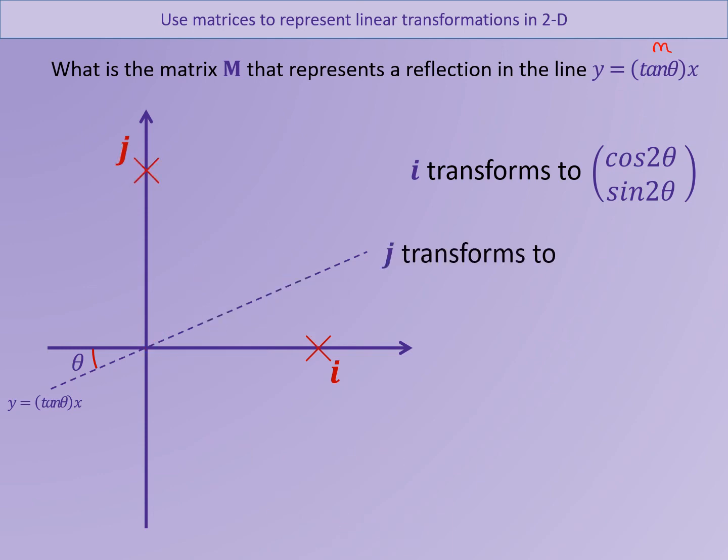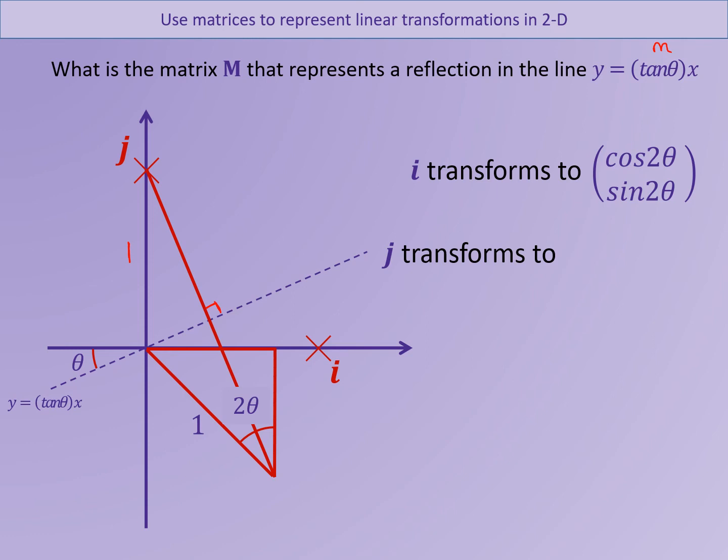And let's take a look at how J is transformed. Again, as it reflects through the line, this is meeting at an angle of 90 degrees. And we know this length here must also be 1, as the length of the origin to J would be 1. And if we form a right angled triangle from this point to the x-axis, we know this angle is 2 theta.